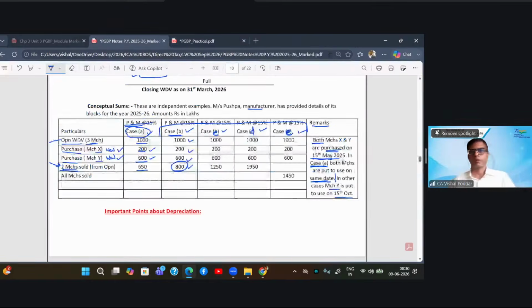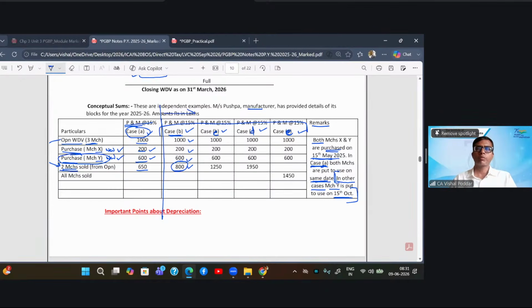Now pay attention. In remarks, what is given? In all other cases, other means other than A. That is now from B onwards, this part is applicable. Now from B onwards, what has changed is that this asset Y is put to use on 15th October.